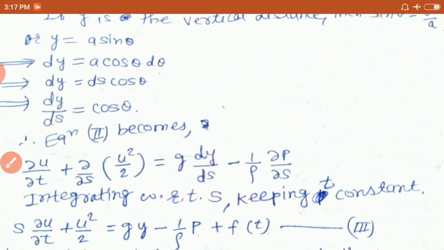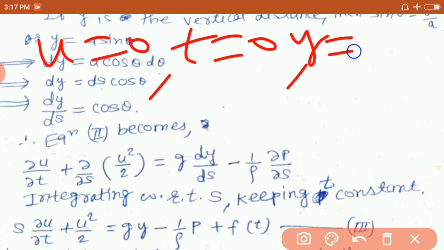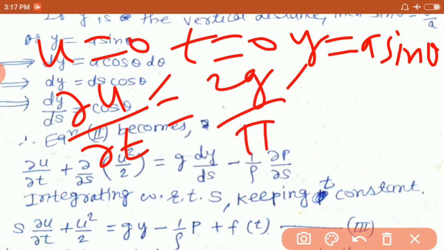Now again, put u equal to 0, t equal to 0, y equal to a sin theta in equation third, and we have found ∂u/∂t is equal to 2g by pi. Put these values in equation third.